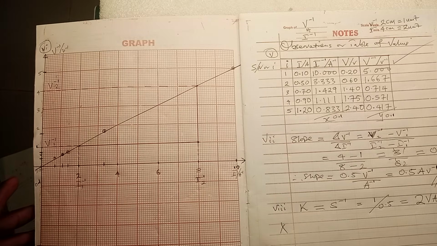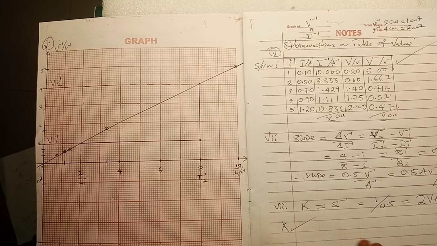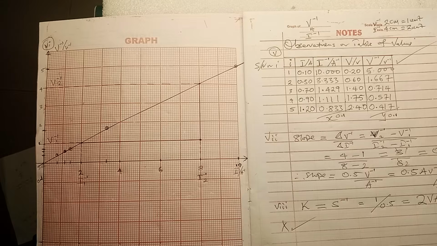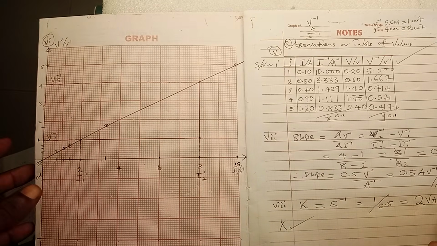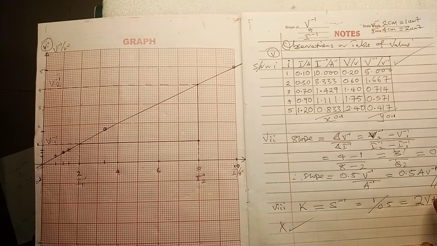You say I would have avoided error due to parallax when taking reading on the ammeter and the voltmeter. Number 1. 2. I would have ensured tight connection.